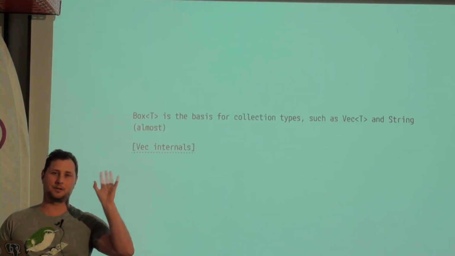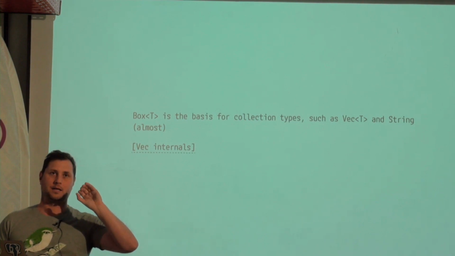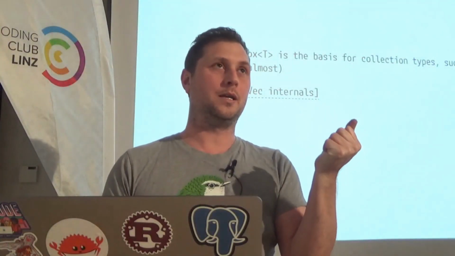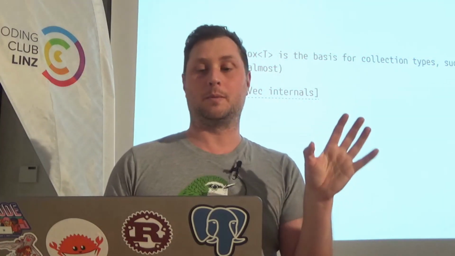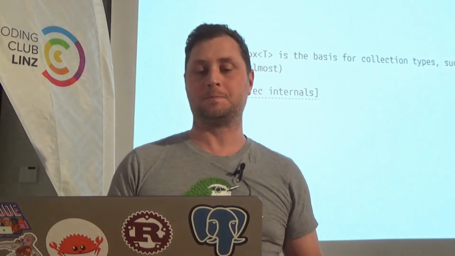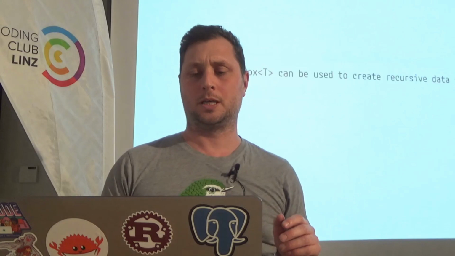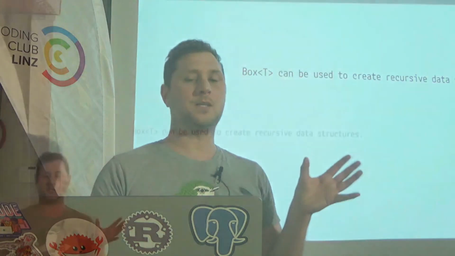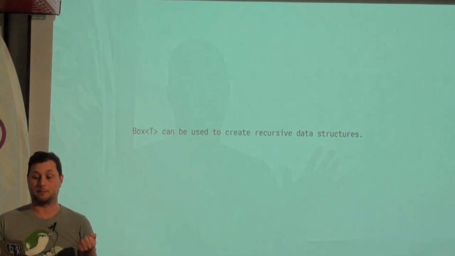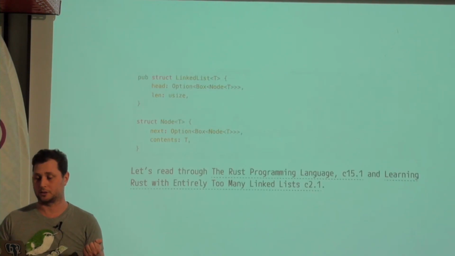It turns out that because of some really nitty-gritty internals, the implementation is a little bit more complicated, but conceptually it works. But the biggest thing you will see Rust Box being used for is recursive data structures.